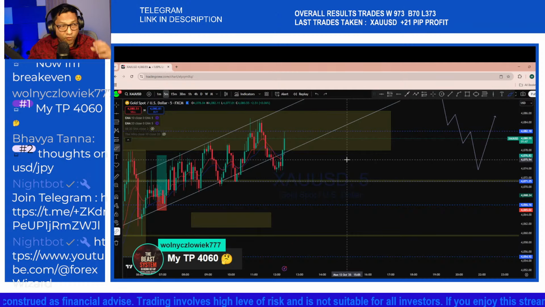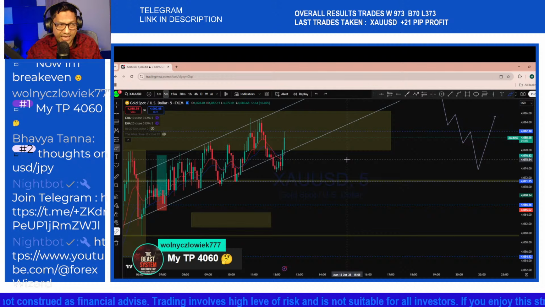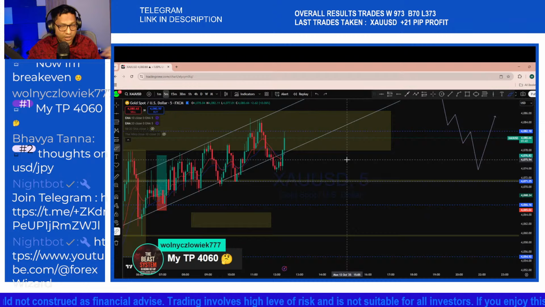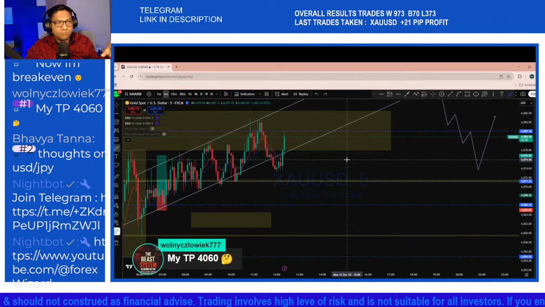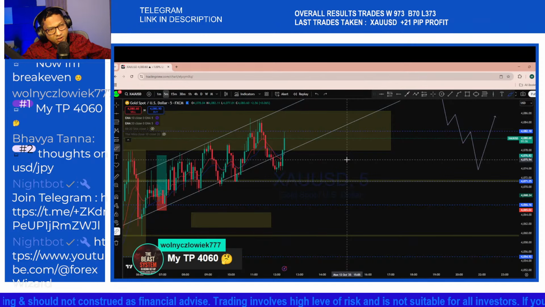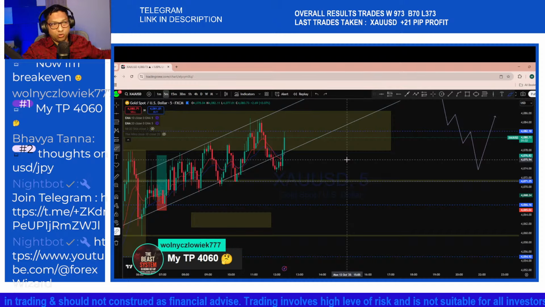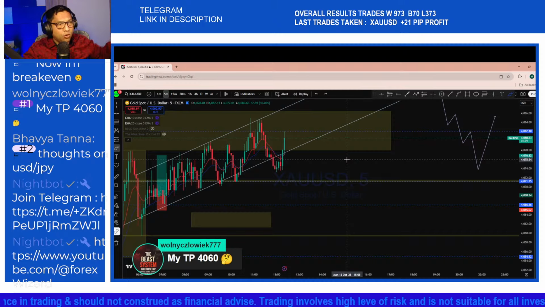That means how much confluence or edge it has or input in the strategy, because the goal of a strategy is to make over 50% or 20% or 30%, depending on your risk reward.